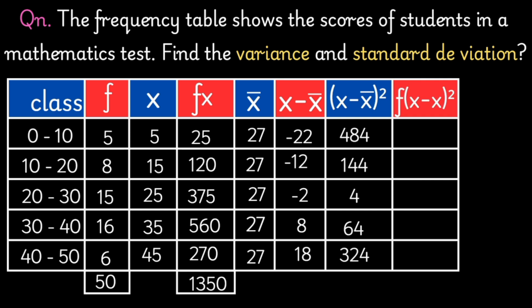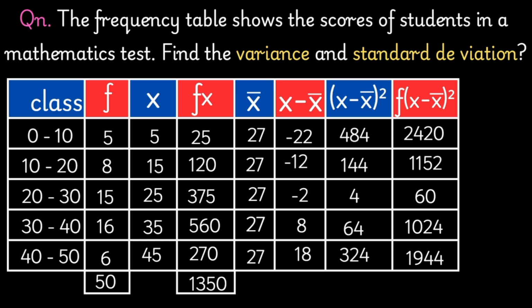To get this, it is once again very simple. We multiply values in the same row for these two columns. For instance, for our first case, we have 5 multiplied by 484, and that gives us a total of 2420, then 8 multiplied by 144, that is 1152, and we do the same for the remaining values so that we get these values.